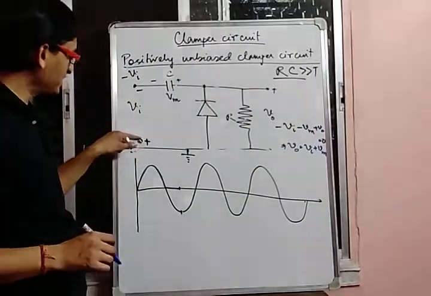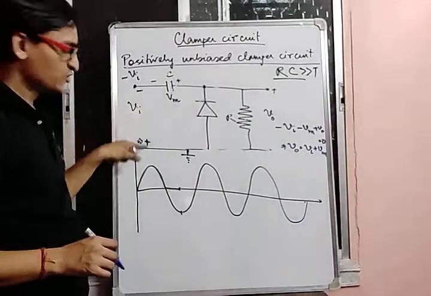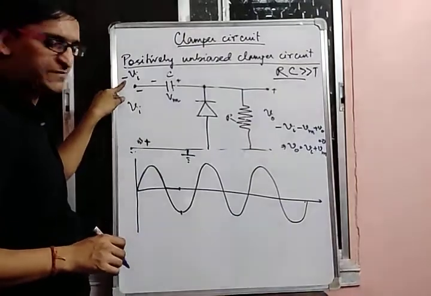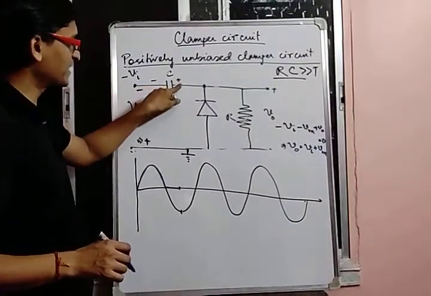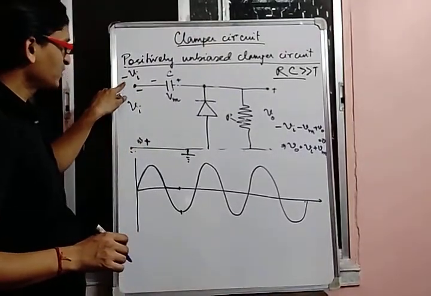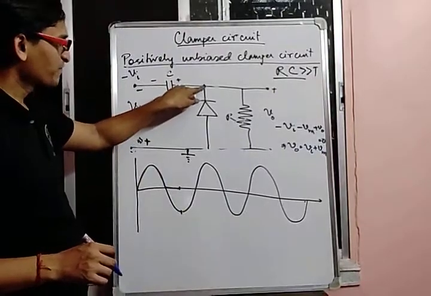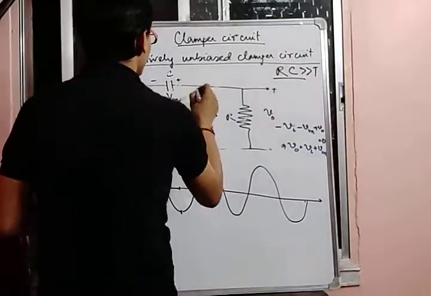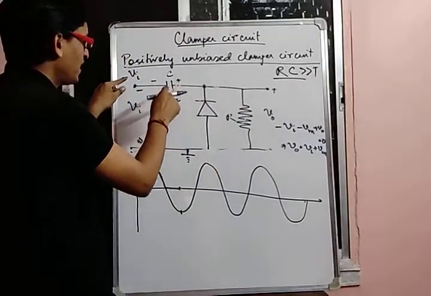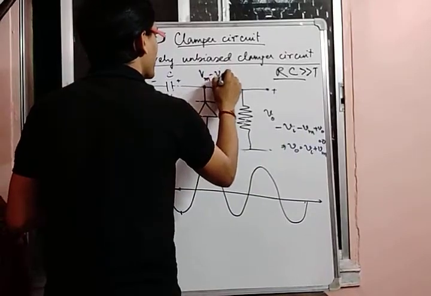Positive simply signifies that this terminal is at a higher potential than this by a magnitude Vi. So if the potential of this terminal is 0, then the potential of this terminal should be minus Vi. Again, this is minus, this is plus, and the difference is Vm. So if this happens to be minus Vi, then the value of this one should be such that the difference is equal to Vm. So this should be Vm minus Vi.